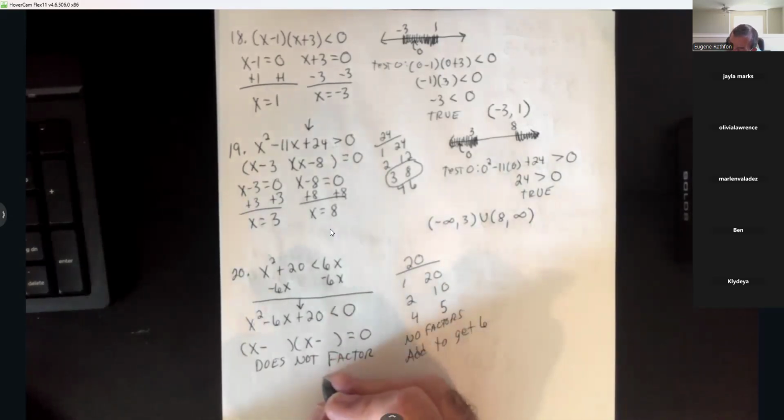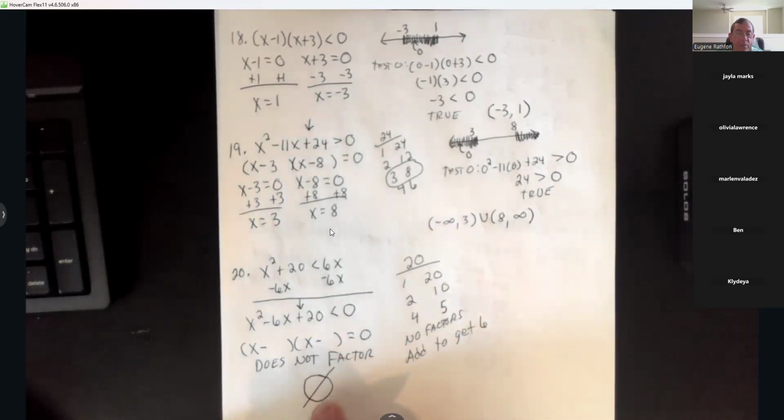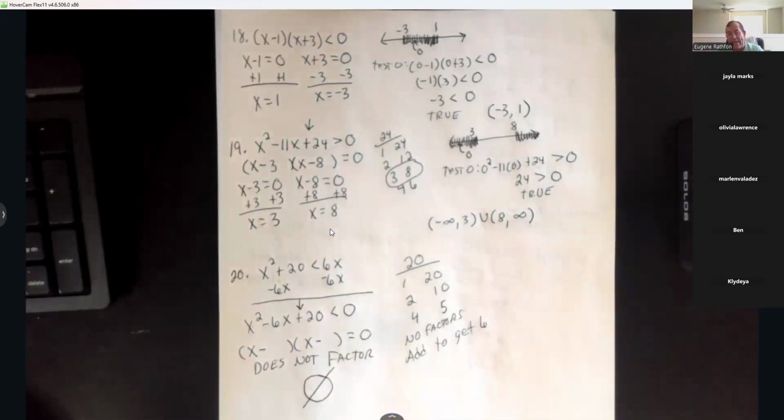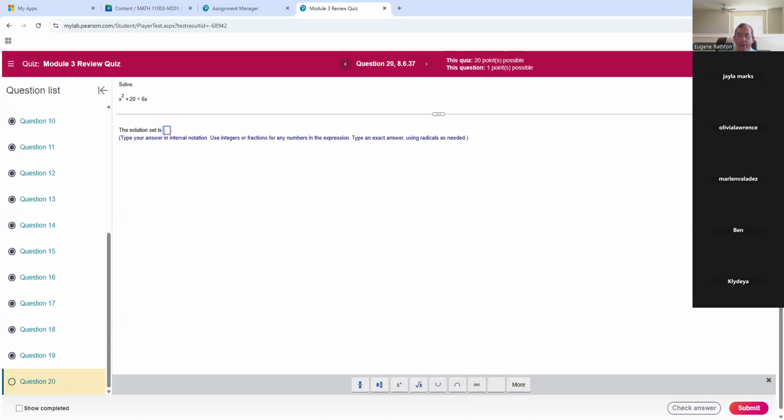And remember, in MATLAB, for no solution, we got to use the 0 with a line through it, okay? So once you click the box, down here on the bottom, right by more, you see the 0 with the line through it.